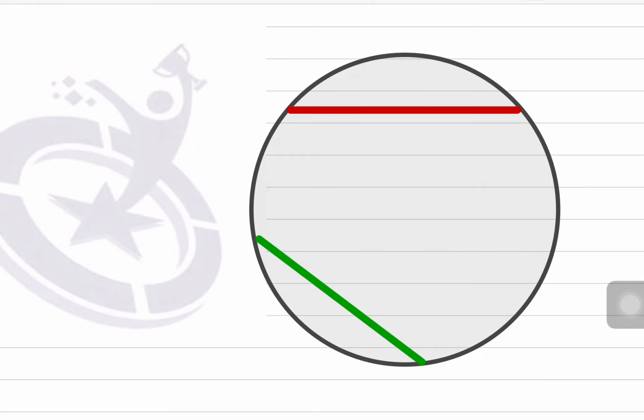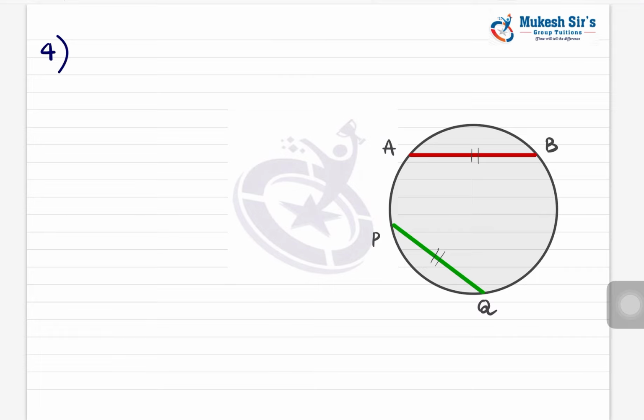So these two chords are equal. तो उनका arcs भी equal होगा. So if chord AB is equal to chord PQ, then the corresponding arcs are also equal. So arc AB is equal to arc PQ.